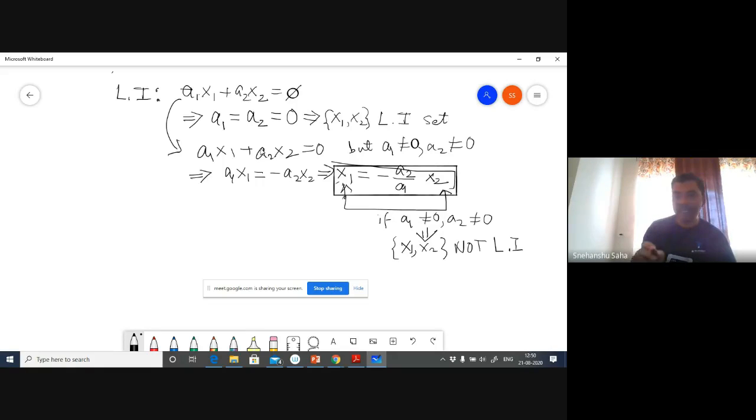Okay, so how does this condition, a1 and a2 both identically 0, make sense? Let's go back to that boxed guy. Okay, let's go back here. Now think about this.